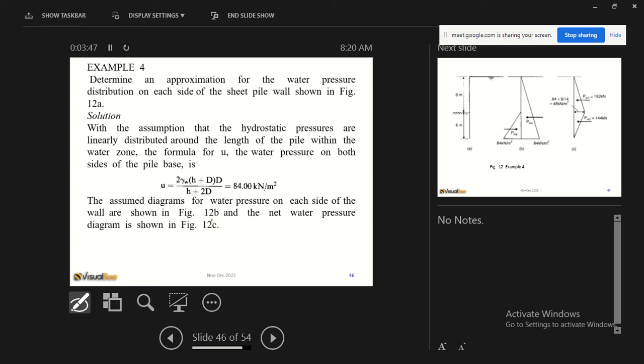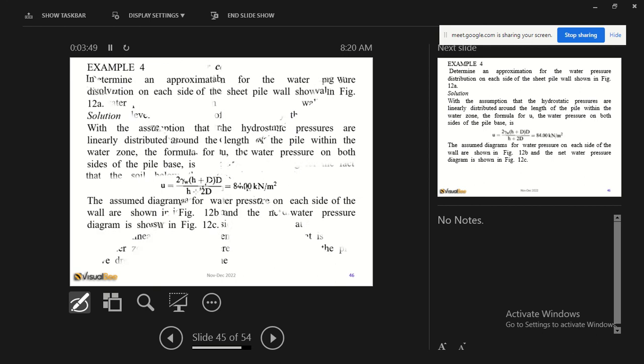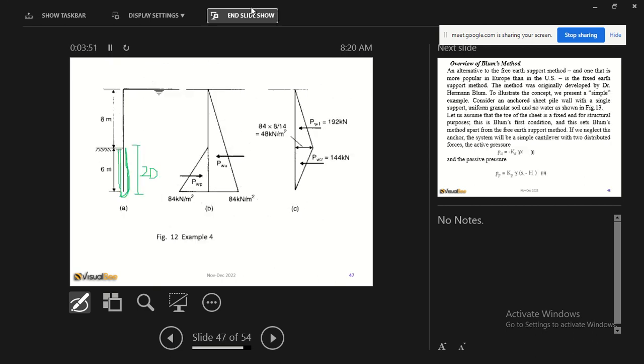So you can try here, you see for yourself. There are 2 gamma water into h plus d times d over h plus 2d.